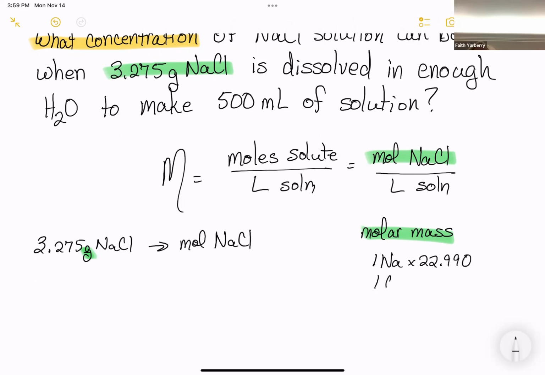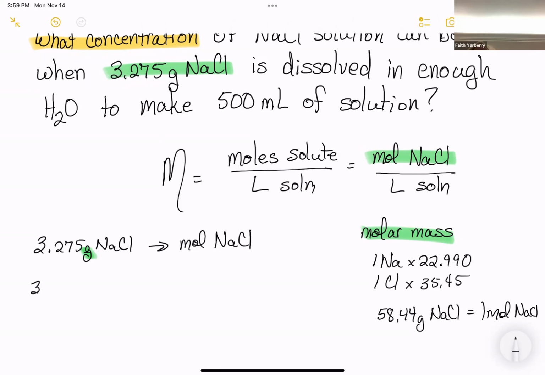I have 1 chlorine at 35.45. So we're looking at a mass of 58.44 grams of sodium chloride in 1 mole of sodium chloride.